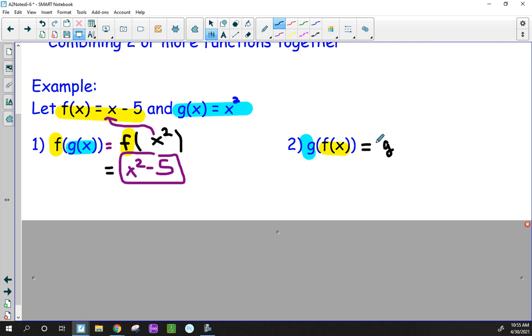And you can do it to the side like I'm doing. You're going to draw your parentheses. Now your eyes are on the inside function. It's the f function. You're going to go to your directions. You're going to see what f of x stands for, which is this part, x minus 5. That's what you're going to substitute in those parentheses.